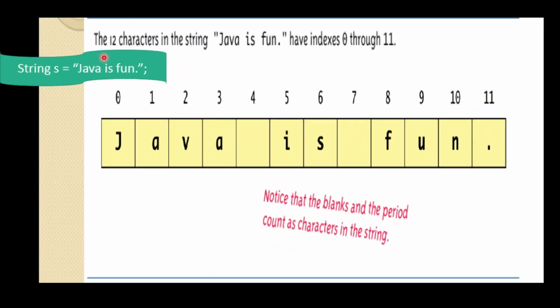Now we are going to see the representation of a string. See, I have declared a string in the memory location S: Java is fun. This is my string. Now how is this represented in memory?